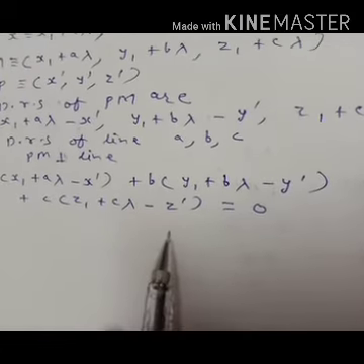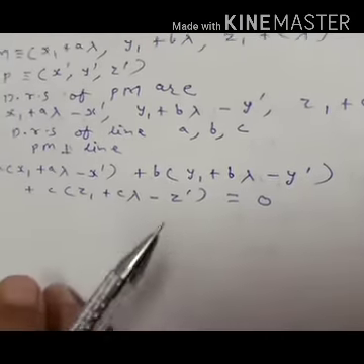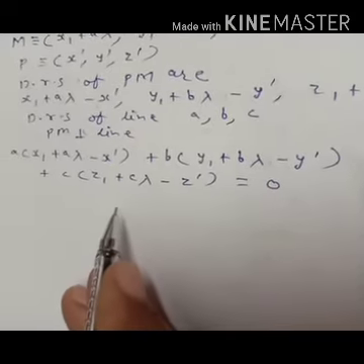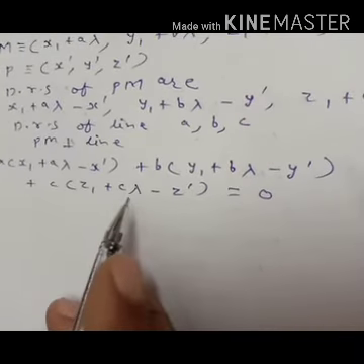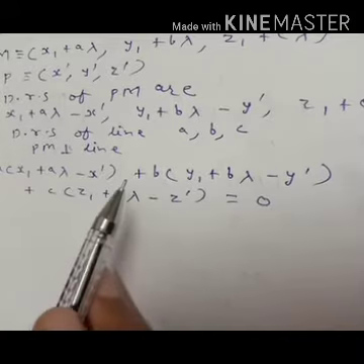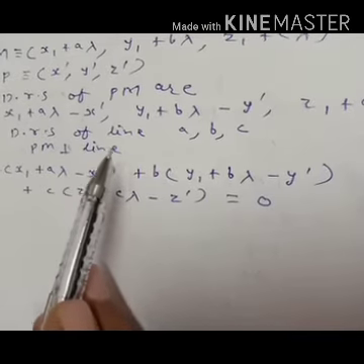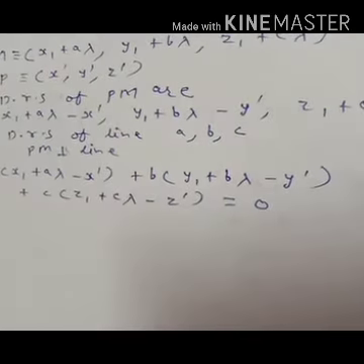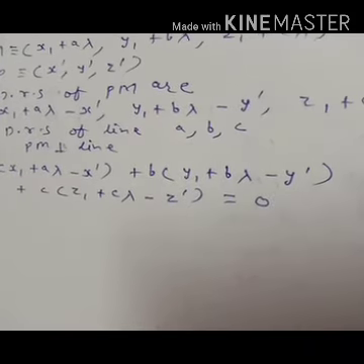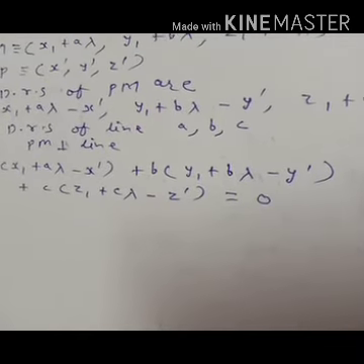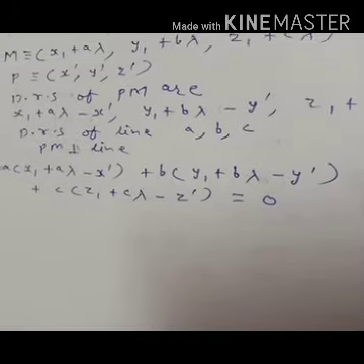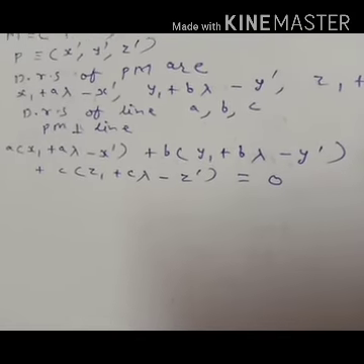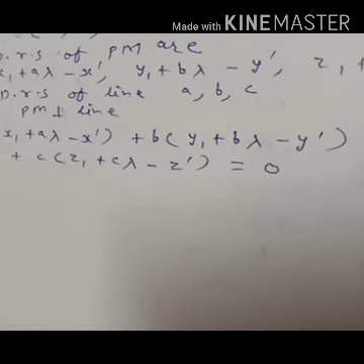Using this equation, we can find the value of lambda. So we can find the distance between a point and a line if the coordinates of a point on the line are known and the equation of the line is in Cartesian form.